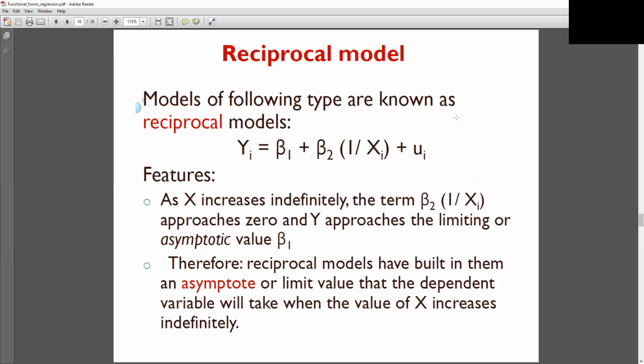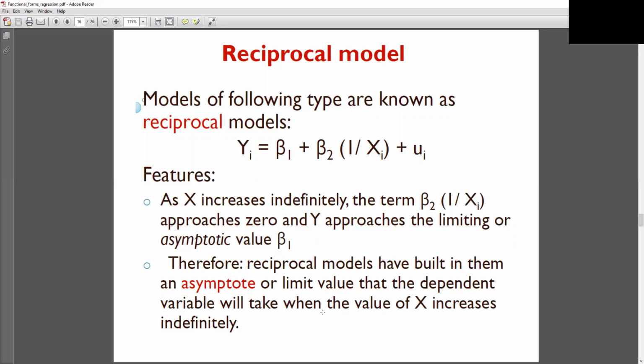And in the reciprocal model, we have to take note of one thing. If we have beta 2 multiplied by 1 by xi, then we have a limiting, asymptotic value of beta 1. That is, if you are increasing x indefinitely, then the term beta 2 approaches 0, and y approaches the limiting or asymptotic value beta 1.